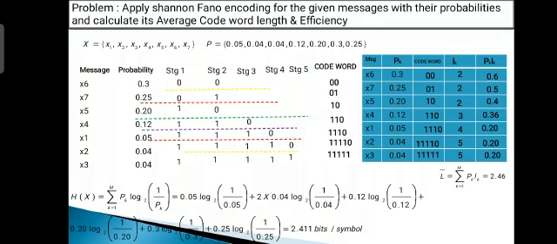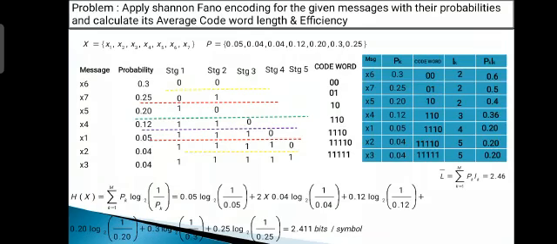So just removing the summation and substituting all the probabilities, that is 0.05 log of 1 by 0.05 to base 2 plus 2 into 0.04 log of 1 by 0.04 to base 2 plus 0.12 log of 1 by 0.12 to base 2 plus 0.20 log of 1 by 0.20 to base 2 plus 0.3 log of 1 by 0.3 to base 2 plus 0.25 log of 1 by 0.25 to base 2.